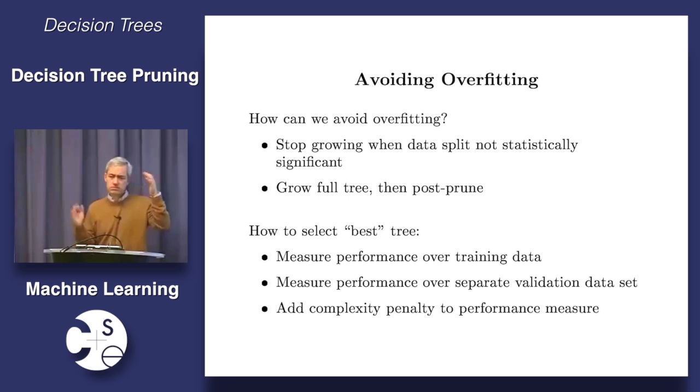Can you think of what such a thing might be? Again, there's many options, but let's try to think of a simple one. The size of the tree? Exactly, the size of the tree, right? Usually the trees that are overfit are very big. So even without looking at any validation data, as your tree is getting larger, you should start to worry.